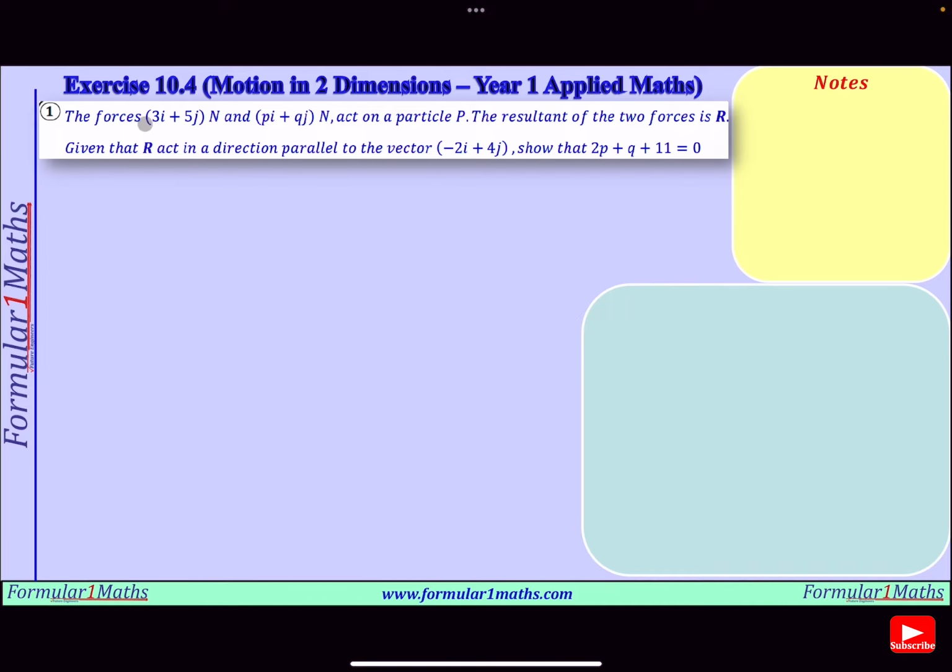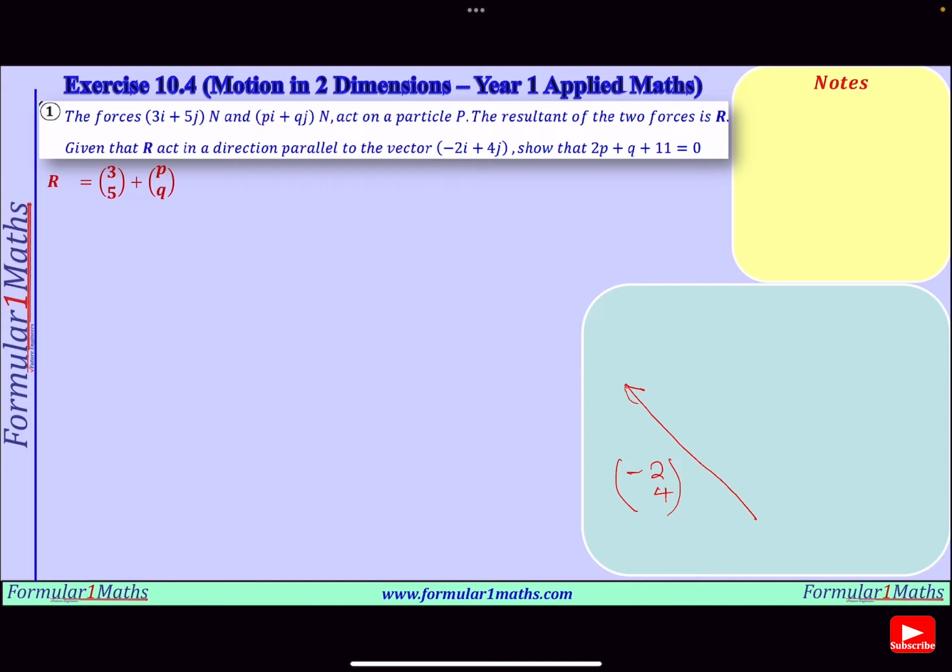So the resultant of these 2 forces is given by 3i plus 5j plus pi plus qj. This vector is parallel to this vector. So let me draw this vector here, and so that is the vector minus 2, 4.